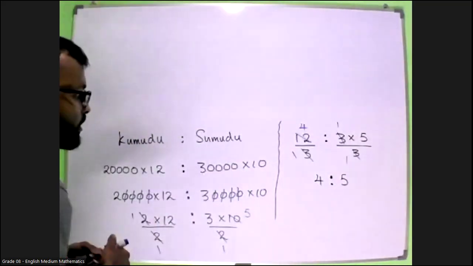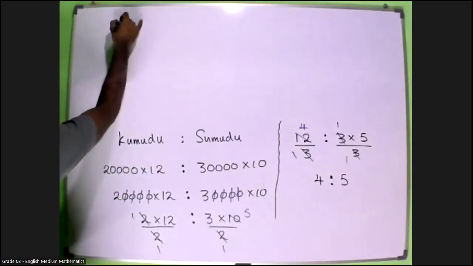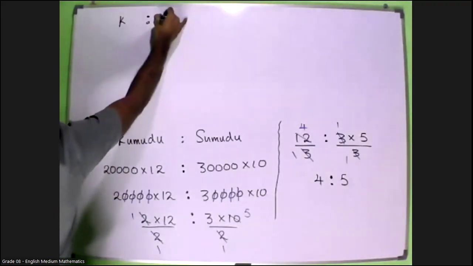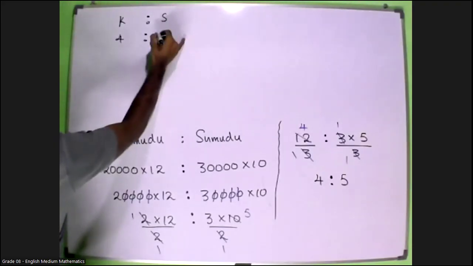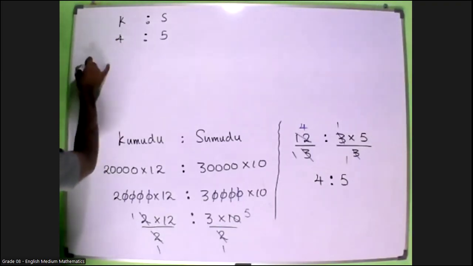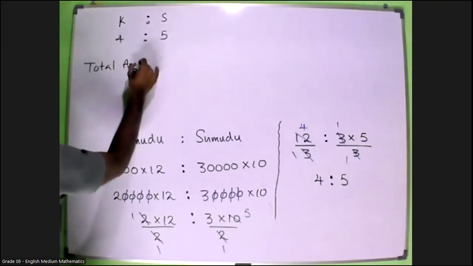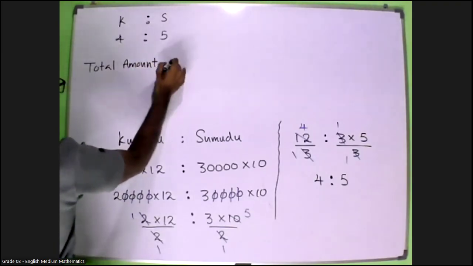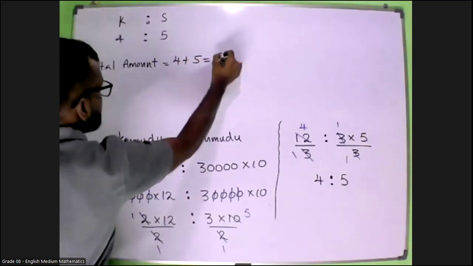Okay. So 4 to 5. So I will write it here. Kumudu K to S, 4 to 5. So first you need to find the total amount, equals 4 plus 5, equals 9.